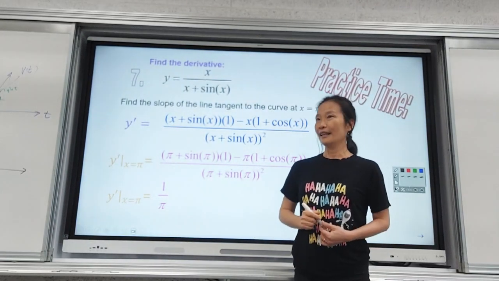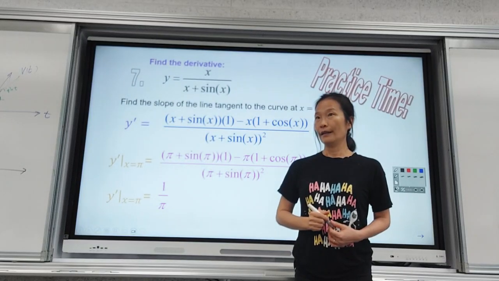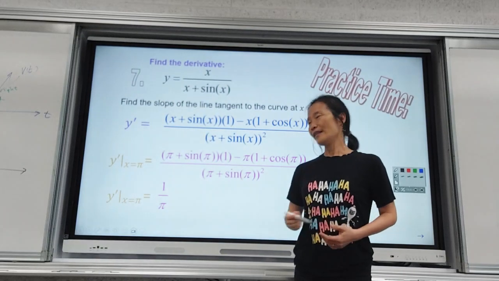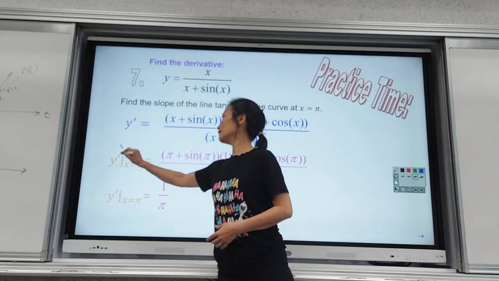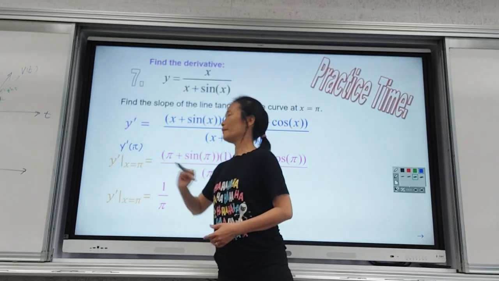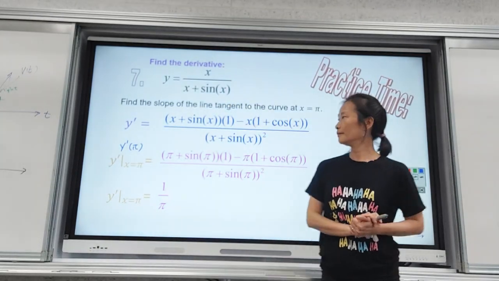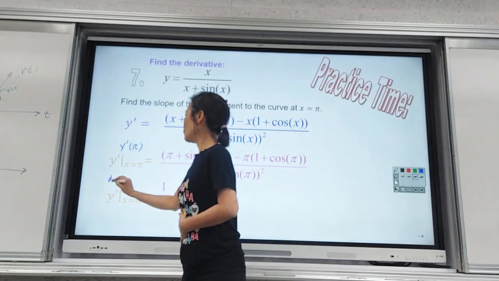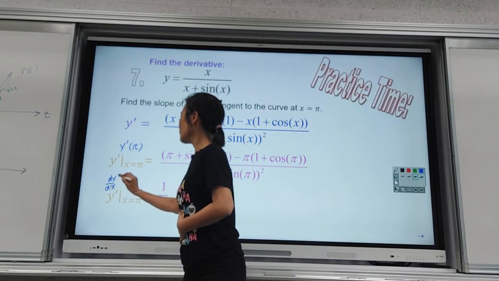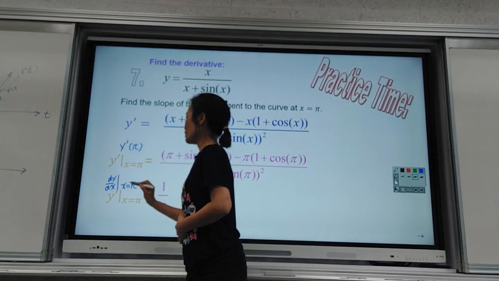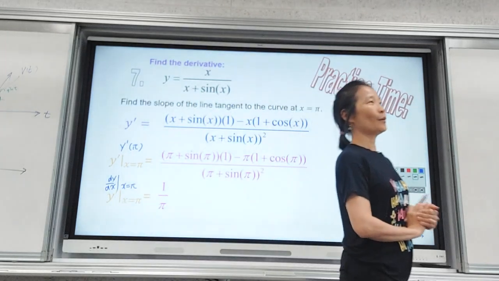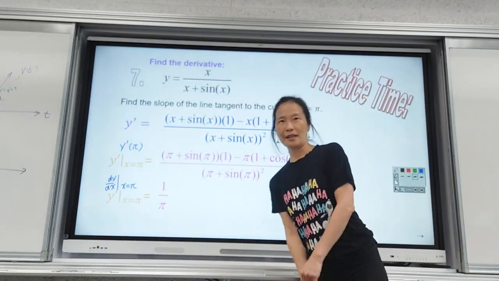Can you do y prime and then parentheses? Yeah, but this is better. That's fine, I can accept that. Or you can write dy/dx when x equals pi. That is good too. Perfect. So do not make the notation mistake. Okay?